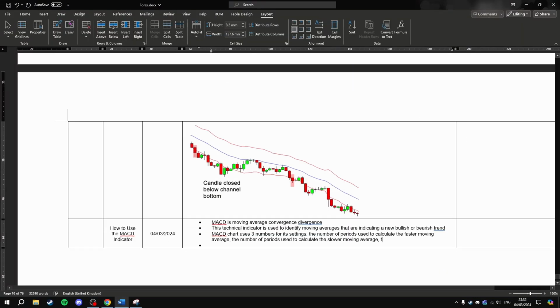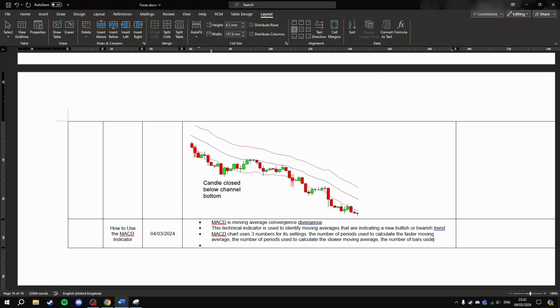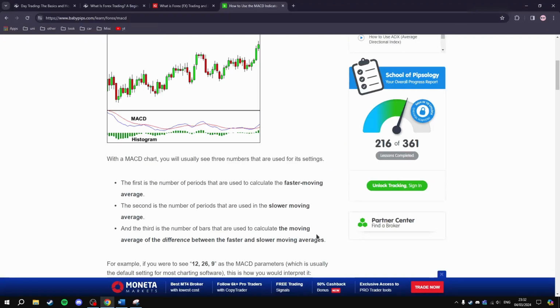Third is the number of bars used to calculate the moving average of the difference between the faster and slower moving average. You can have a moving average of the difference.